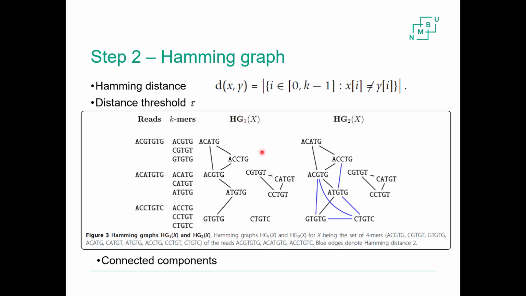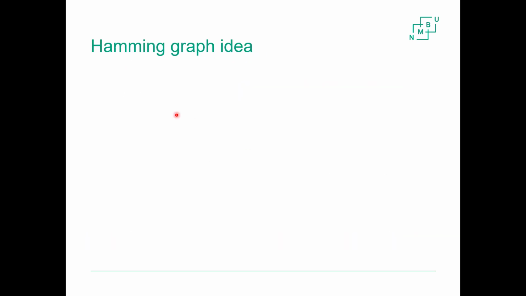And why is this Hamming graph actually a good idea to start thinking in terms of? That's something that was not really communicated, I think, in this paper, so let me try to do that. Assume we have a data set sequenced with a k-mer coverage of 50. We have seen the concept of k-mer coverage. What does this mean?